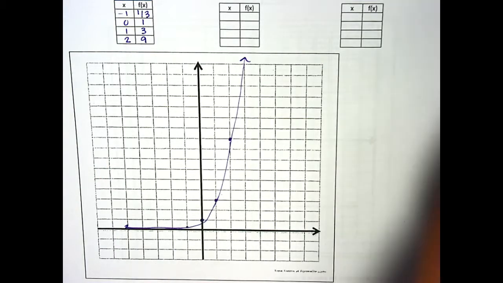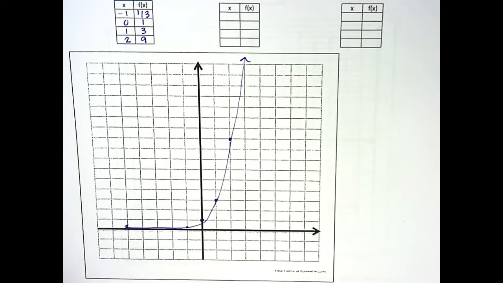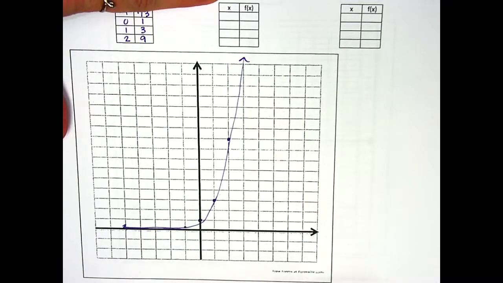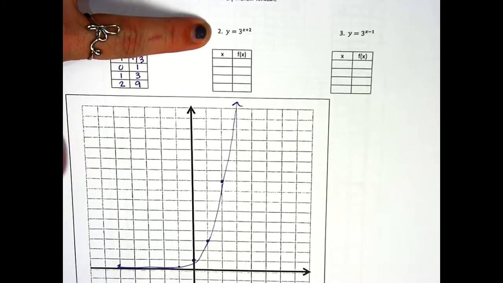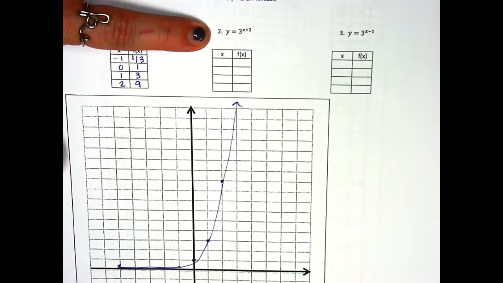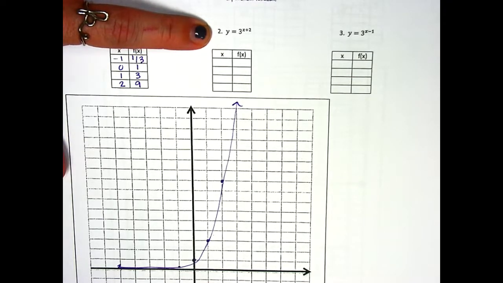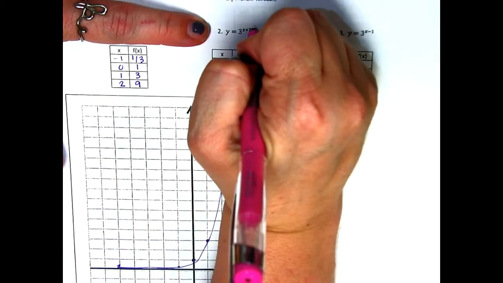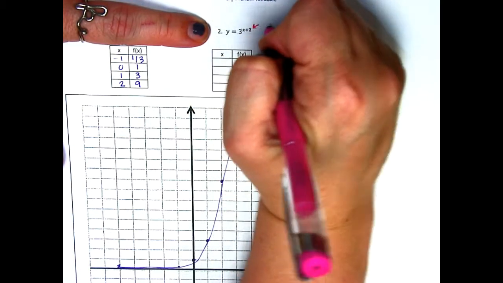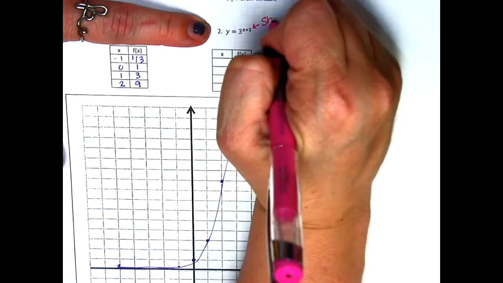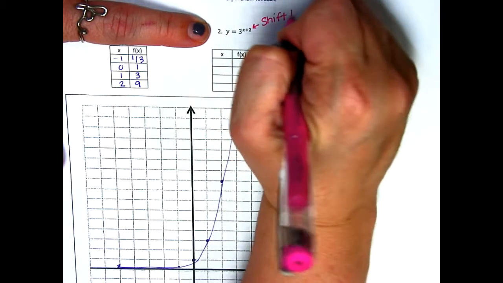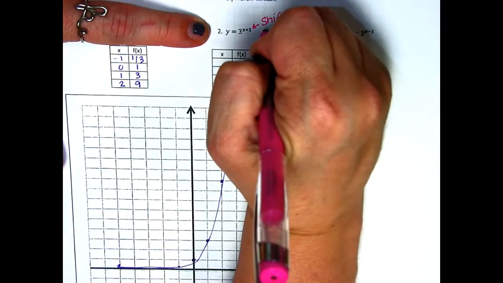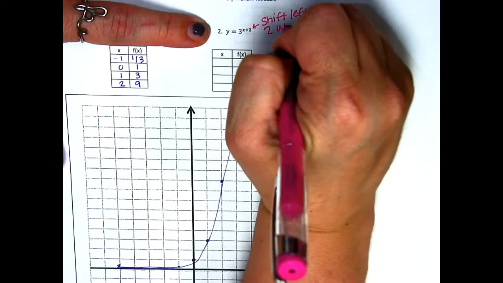For the next one, my equation is y equals 3 to the x plus 2. Because it's plus 2, that means I had to put a -2 in there. So this should, if we do it right, shift left 2 units.